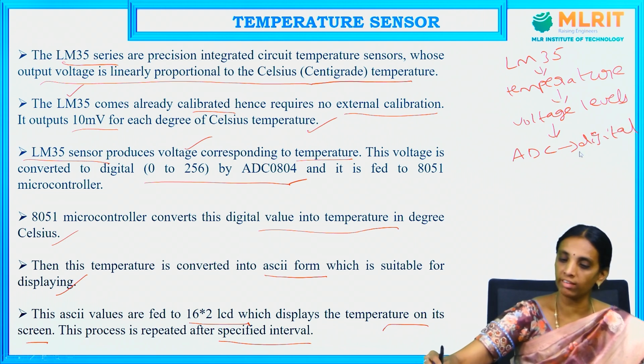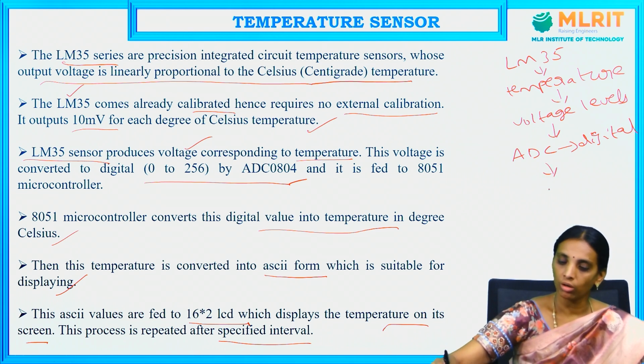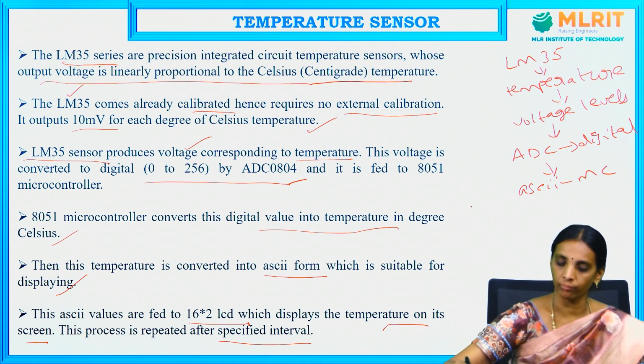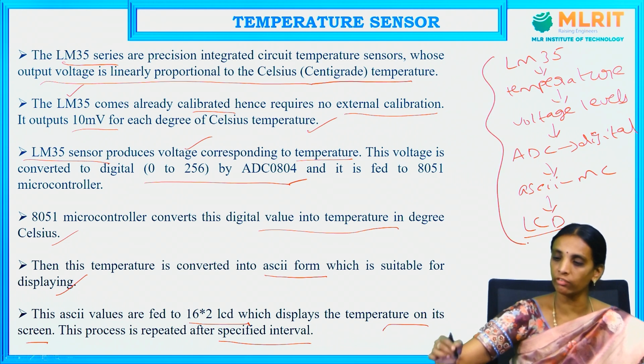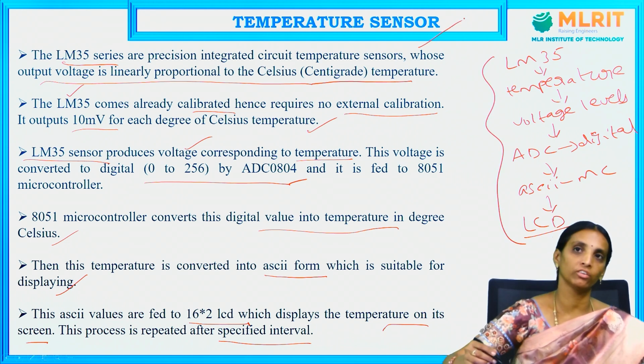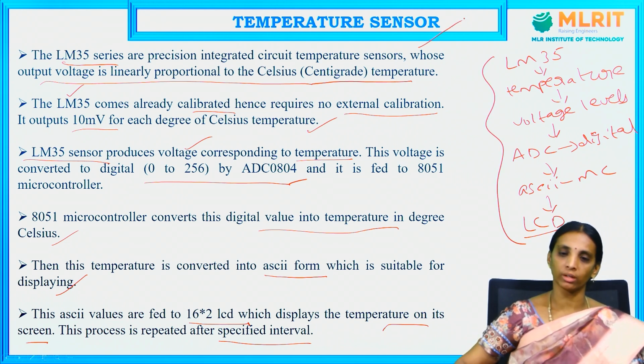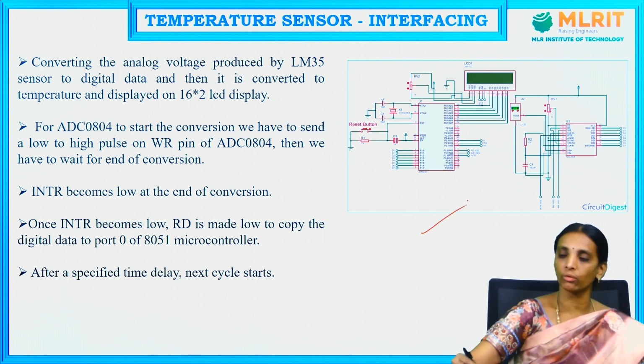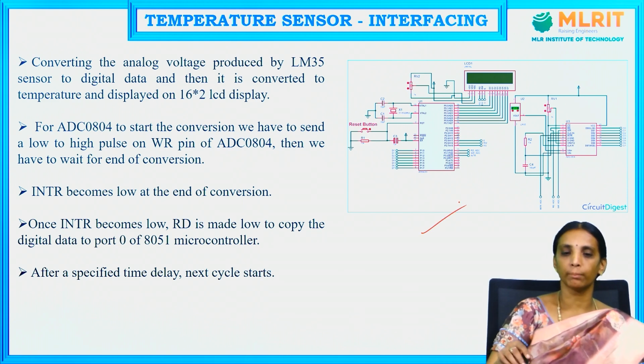These digital values of the temperature are converted into ASCII form by the microcontroller, and those will be displayed on the LCD. So this is the process that will be done in the interfacing of the temperature sensor. Now this is the circuit used for interfacing the temperature sensor.